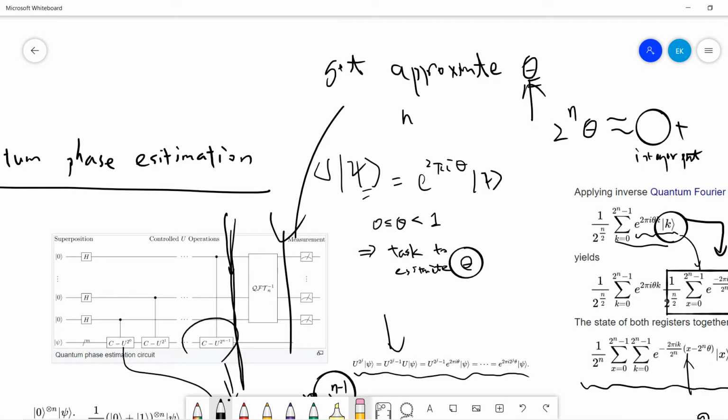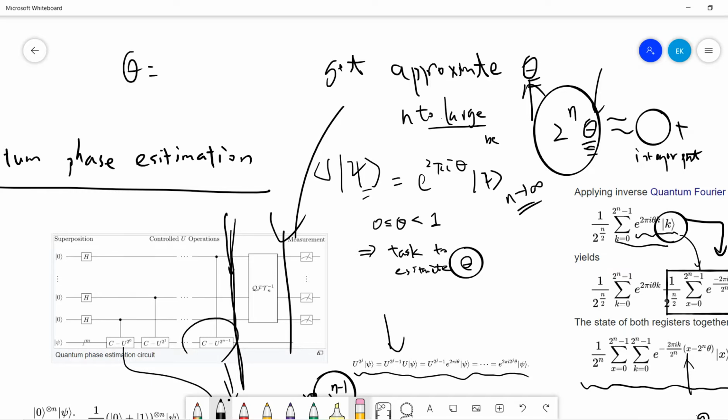So that means if you take n to be large enough, then you can get a good approximation for this theta. If n goes to infinity, then basically you can expand theta as digits, like base 2 digits. So if you get large enough 2 to the n, then you can approximate theta to arbitrary error.